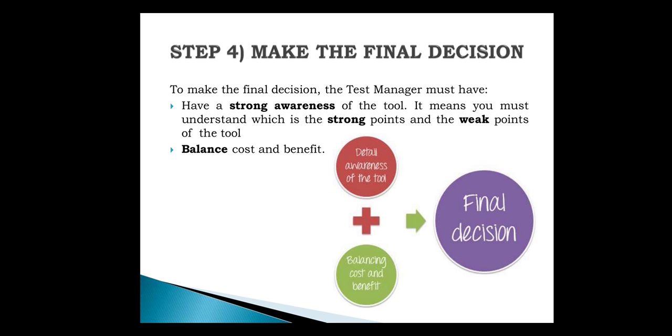So by combination of this, you can take a final decision which tool is suitable for your application, and you can go for it, right? So have a strong awareness of tool. It means you must understand which is the strong point and the weak point of that tool, and you need to consider a balance of cost and benefit plus valuation of that particular tool. Accordingly you can take a final decision for your tool selection, right?